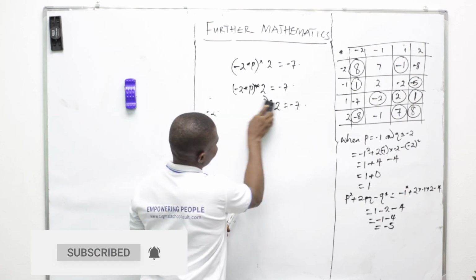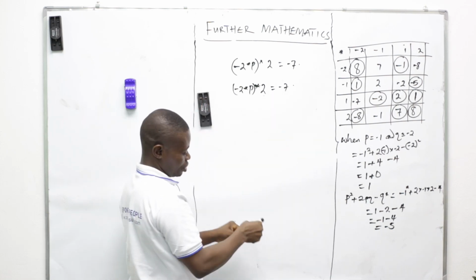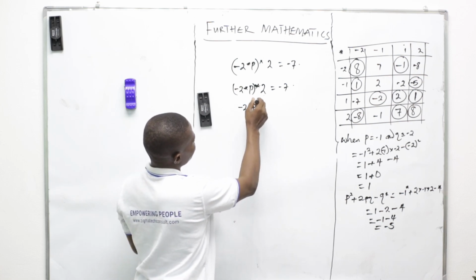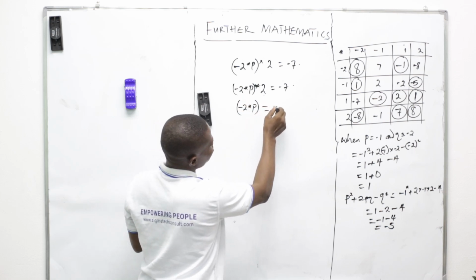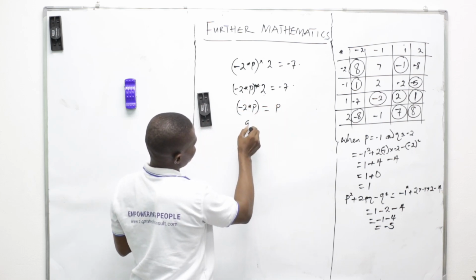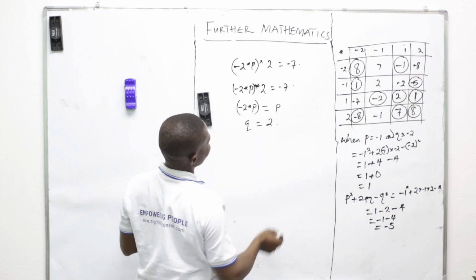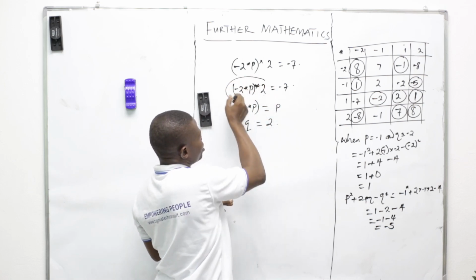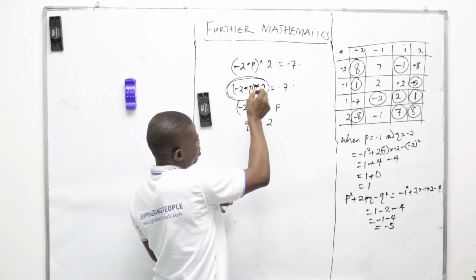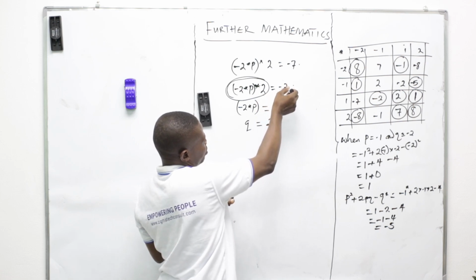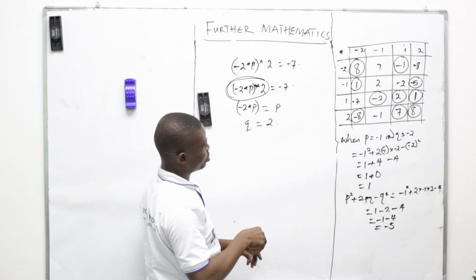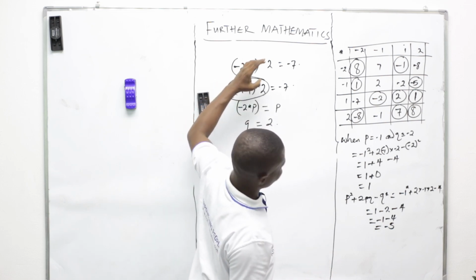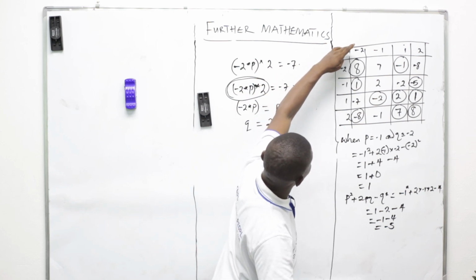Follow this expansion on the formula given to us. The easiest way, just say minus 2 operating on this will represent P, so that Q now equals 2. But this thing is easy. It's just the point at which the whole expression here will produce minus 7 from the table. Let's check under minus 2.